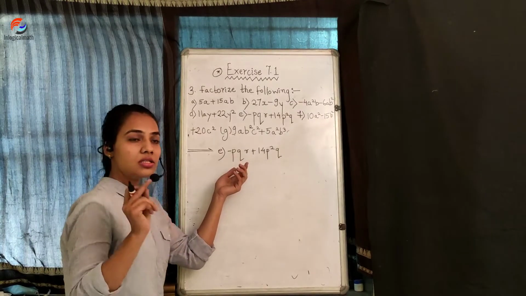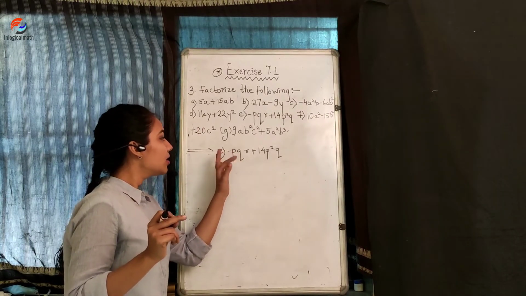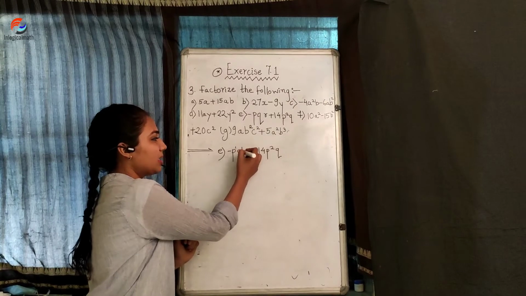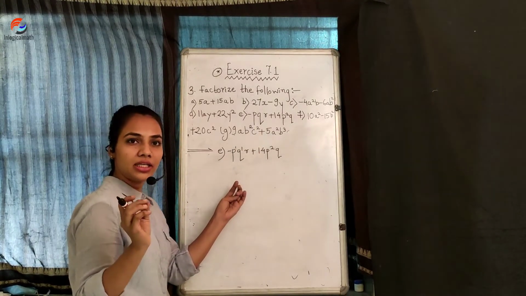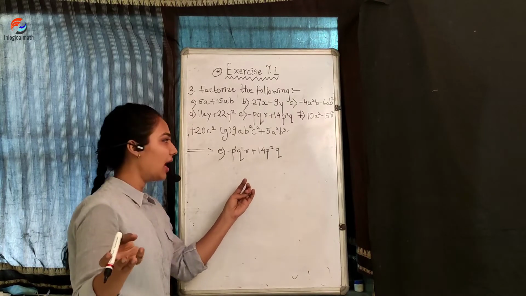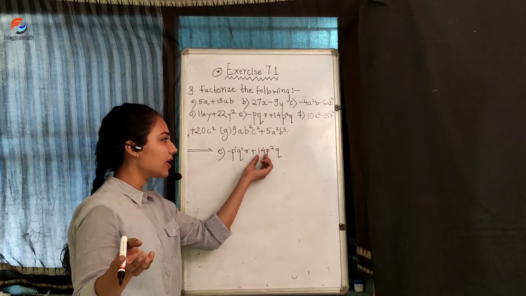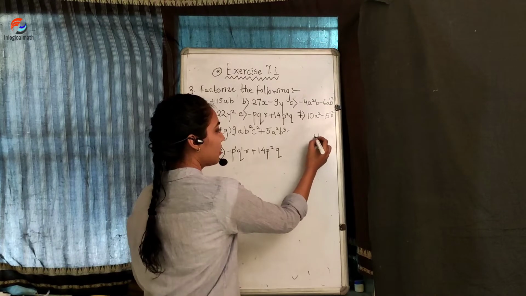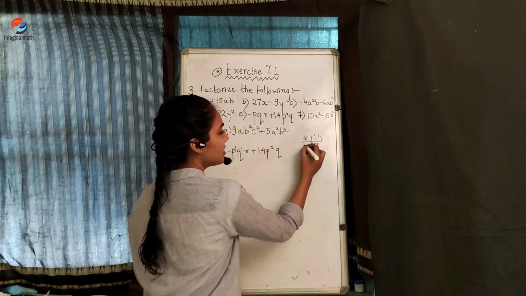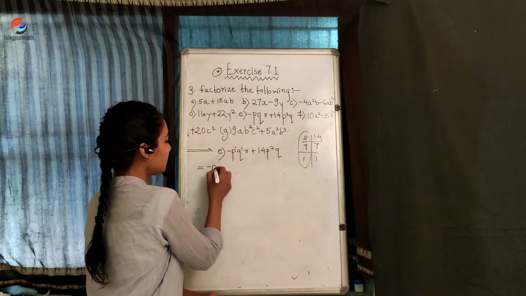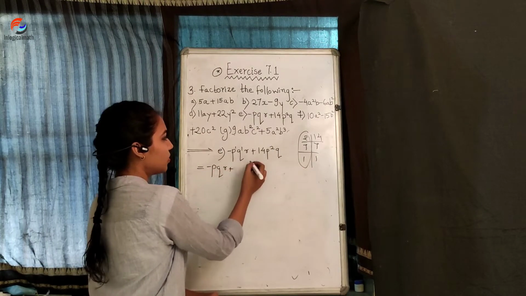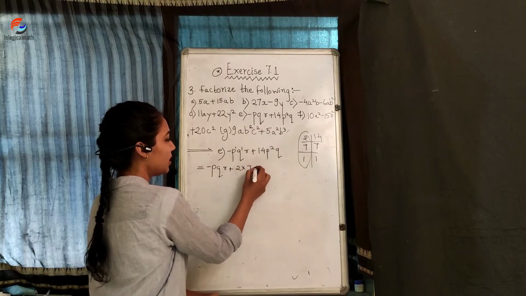In PQR, each term alphabet means each variable having which power? 1 power. So we can directly multiply P multiply Q multiply R, and we just have to find the factor of 14. So for 14, first divide by 2, 7s are 7, 1s are 1. So minus PQR plus 14, 2 multiply 7 multiply 1.